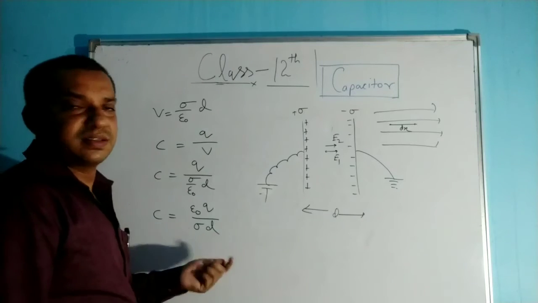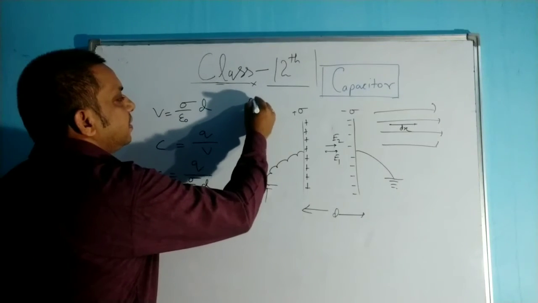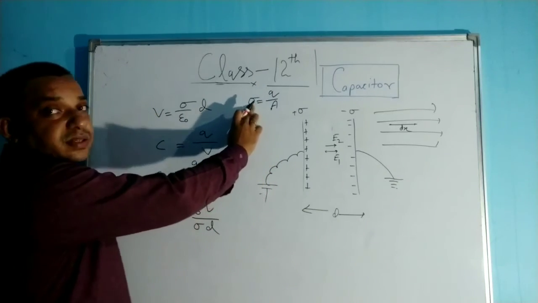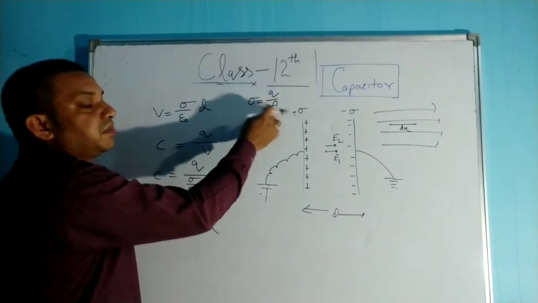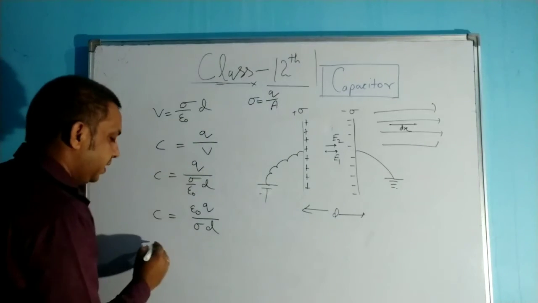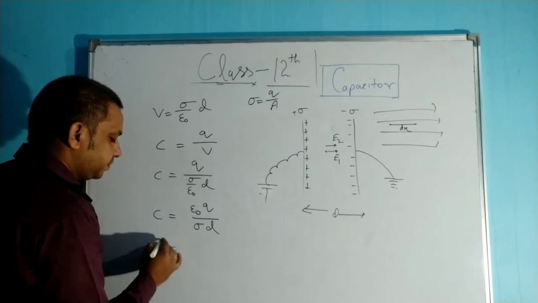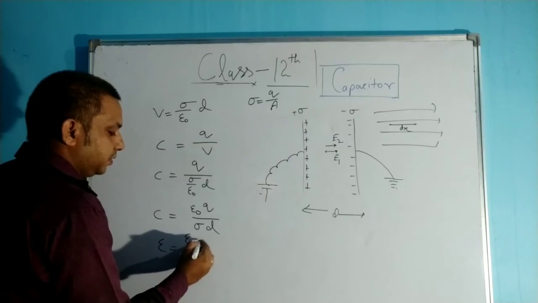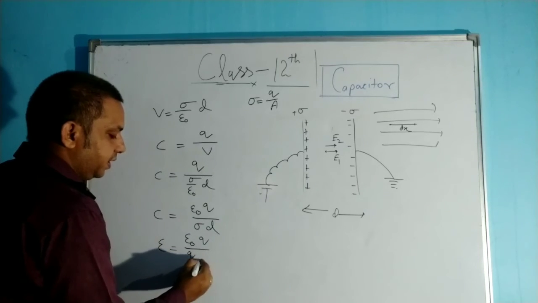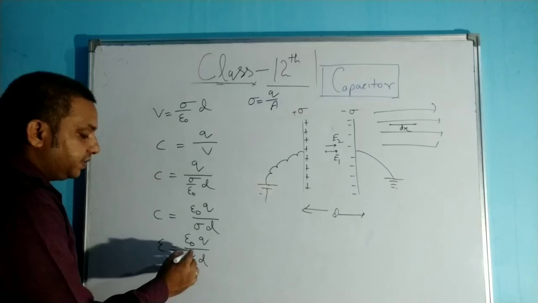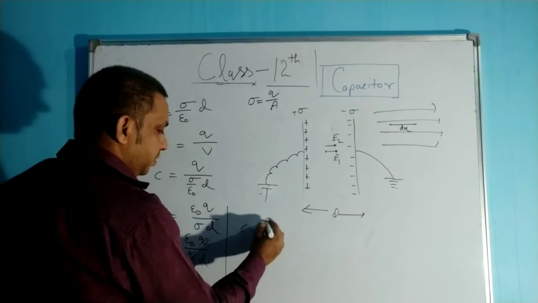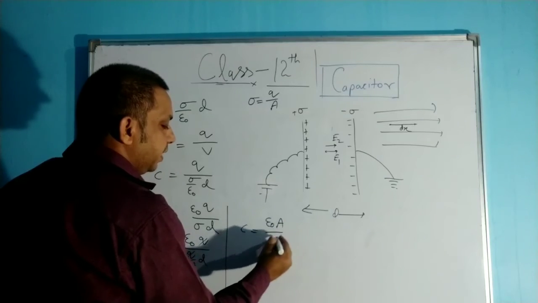Sigma is the surface charge density, that means charge per unit area. So sigma is equal to Q by A. In place of sigma, you can write Q by A. So C is equal to epsilon naught Q divided by Q by A into d. And this Q and Q get cancelled out. So what we get is C is equal to epsilon naught A by d.